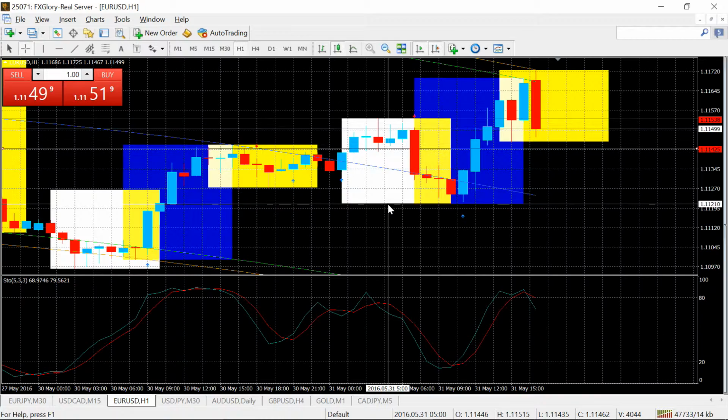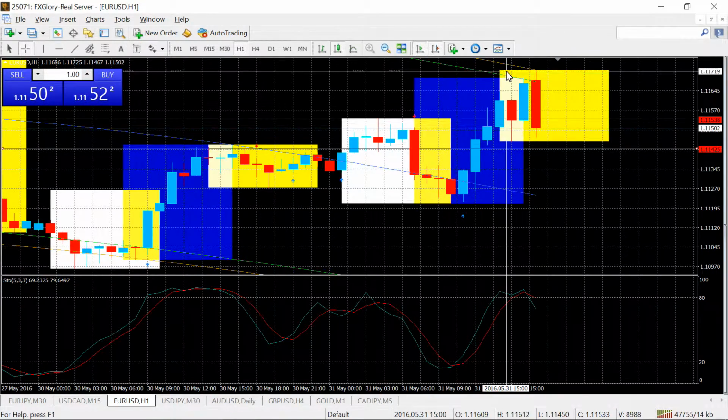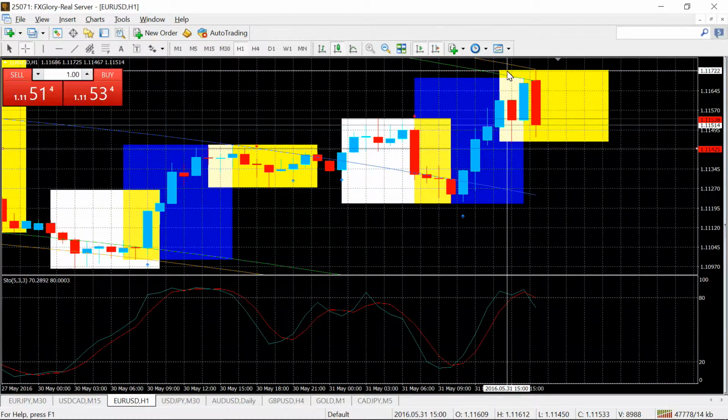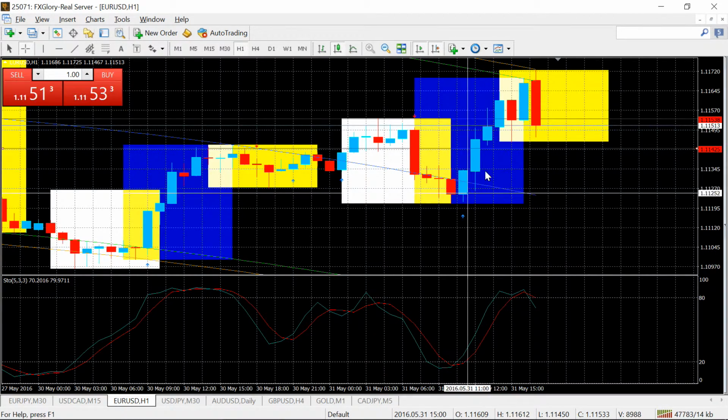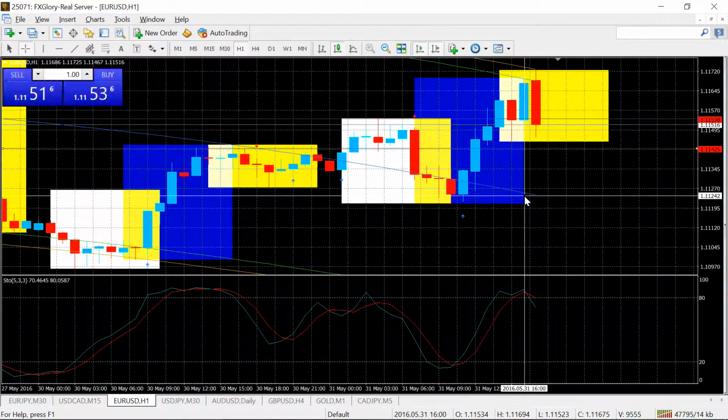The low was 1.1121 and the high was 1.1172. So that's a 50 points movement for the day. Now, we let the market tell us where those are. We don't calculate them.